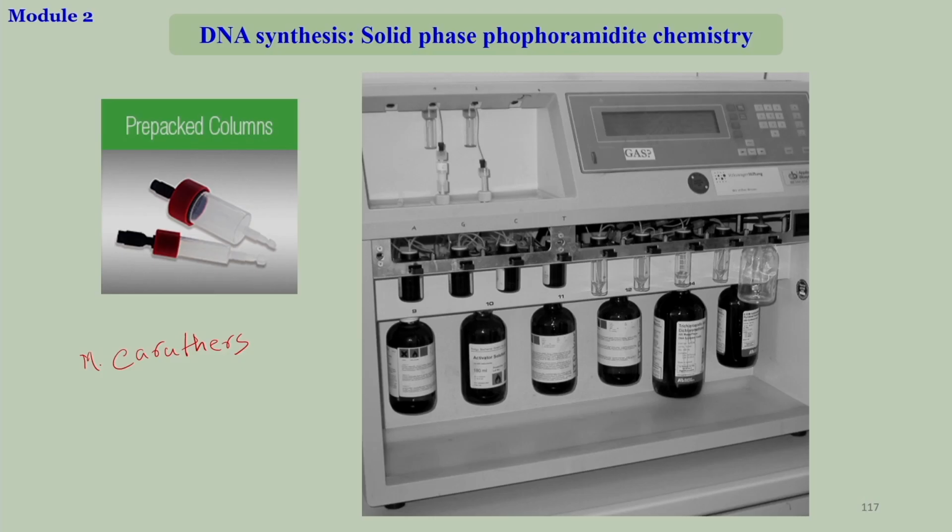This is Marvin Caruthers, who is famous for developing a complete protocol for the synthesis of DNA stretches, which are known as oligonucleotides. So when you talk about DNA synthesis, we basically mean oligonucleotides, which means the oligomers of the nucleotides. So that involves the synthesis of the nucleotides as well.